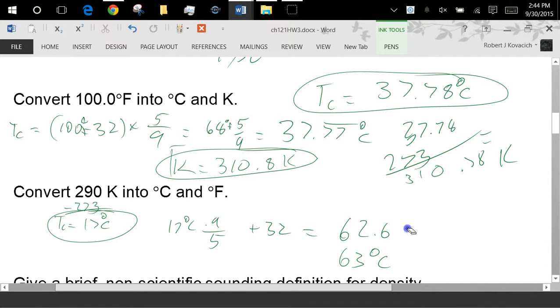Sorry, I wrote Celsius, I meant Fahrenheit. There we go. Are we okay with those? Questions about any of those? No?